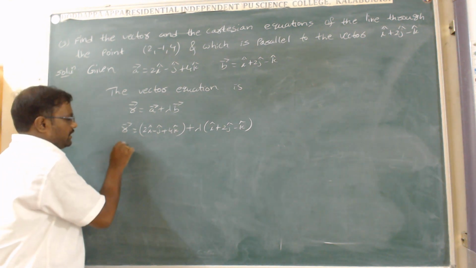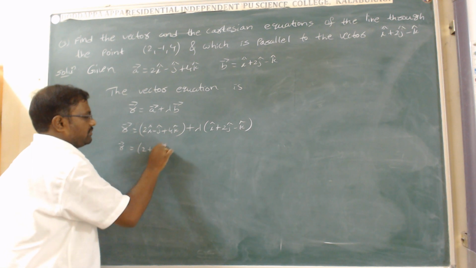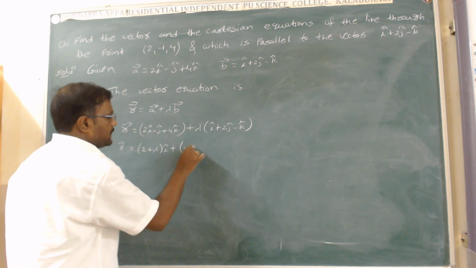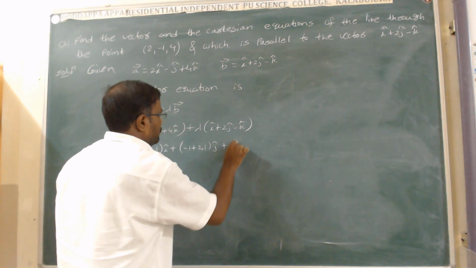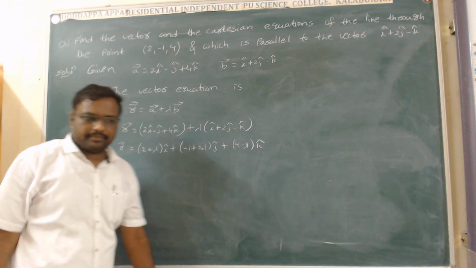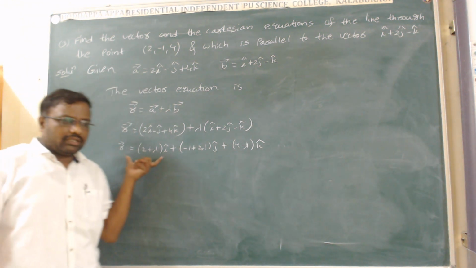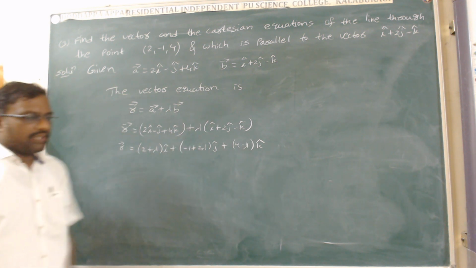So if we add these two, we get (2 plus lambda) i plus (minus 1 plus 2 lambda) j plus (4 minus lambda) k. Okay, this is the vector equation of a line parallel to the given vector b.